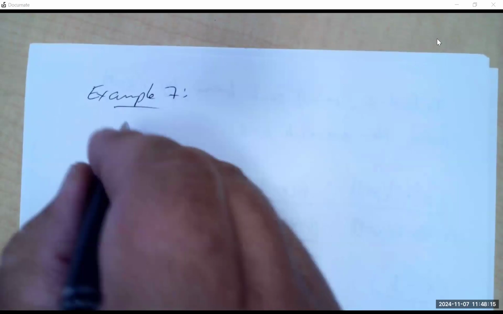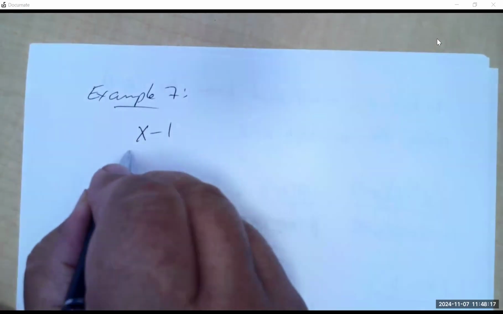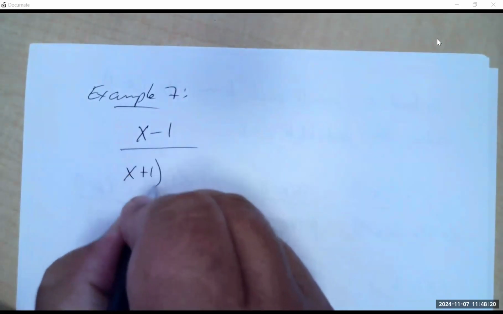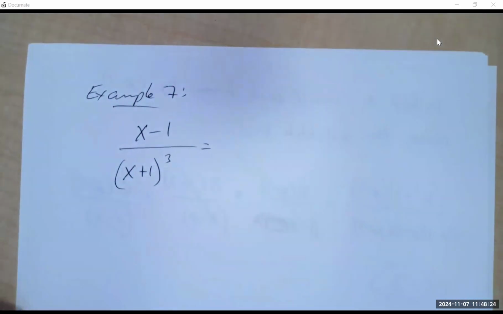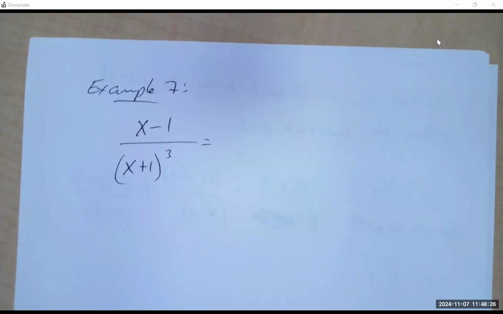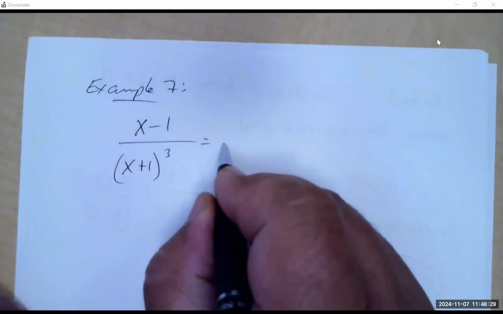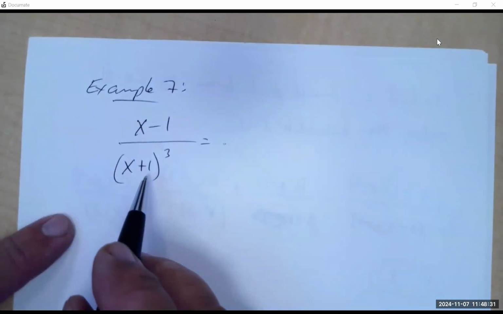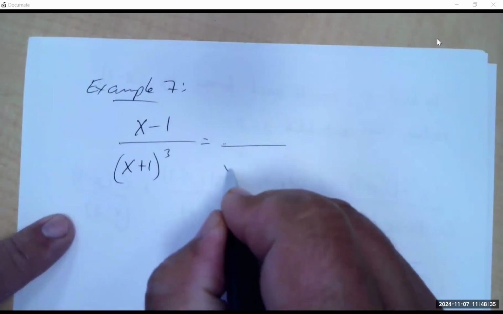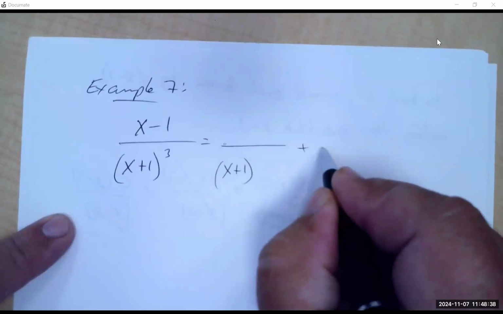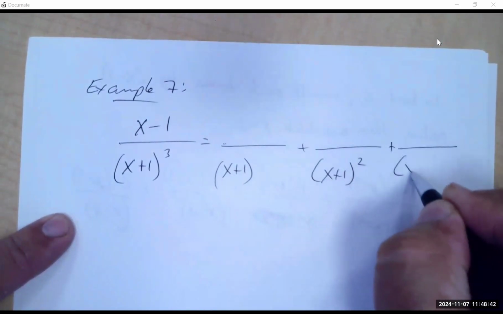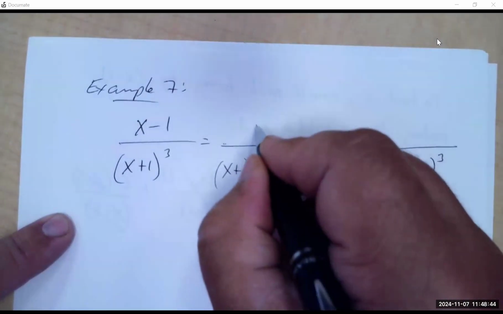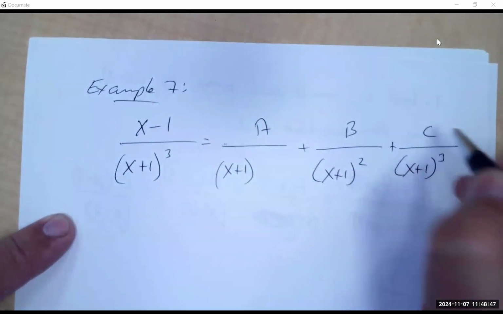Find A, B, and C of this equation, with denominator x minus 1, x plus 1 cubed. So how many terms are we going to have here on our expansion? If it's an x plus 1 cubed, we'll have 3 of them. We'll have x plus 1, x plus 1 squared, and then x plus 1 cubed. So it's A, B, C.